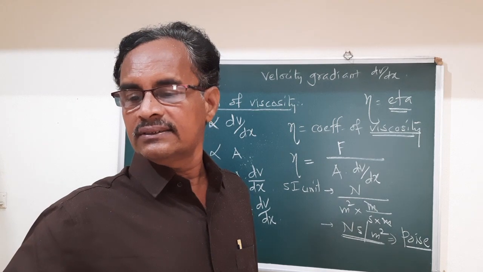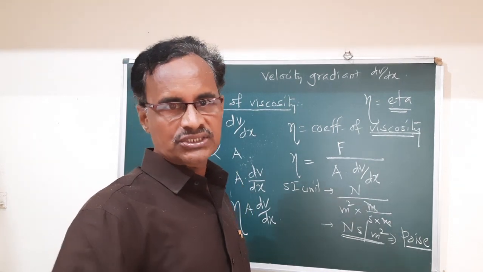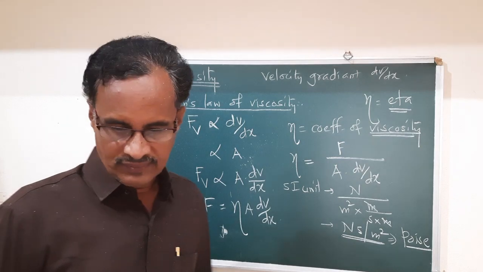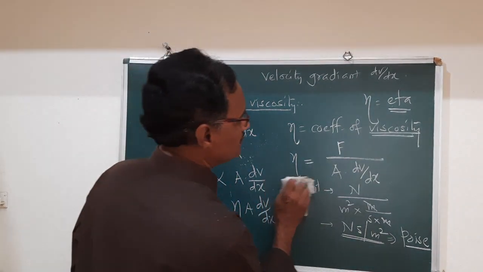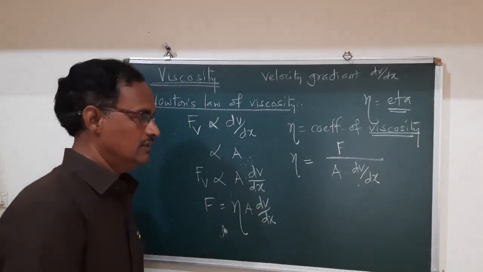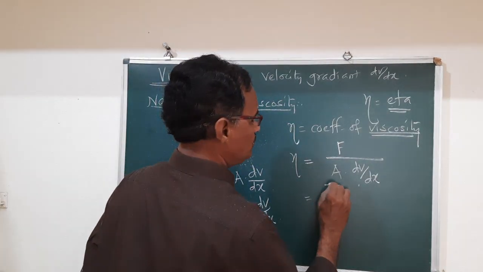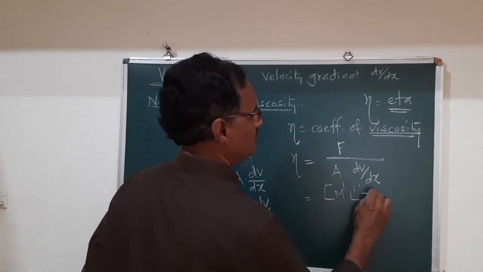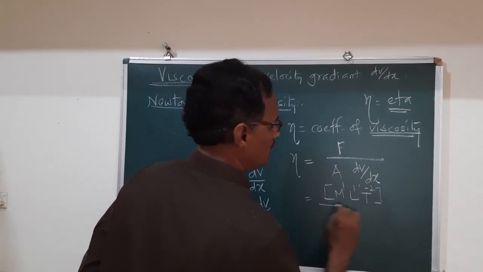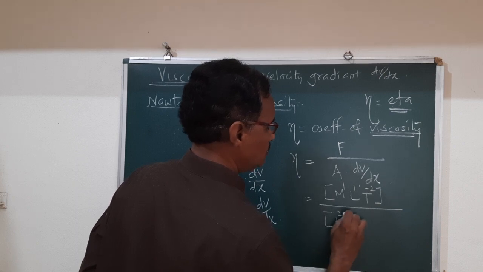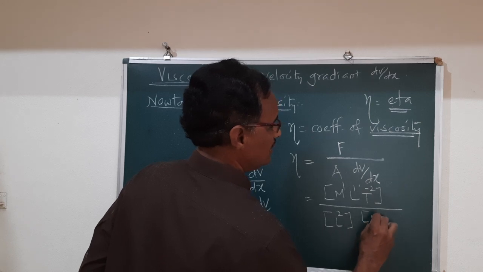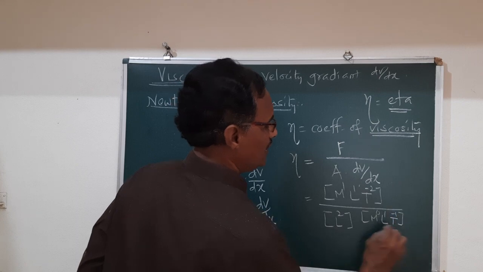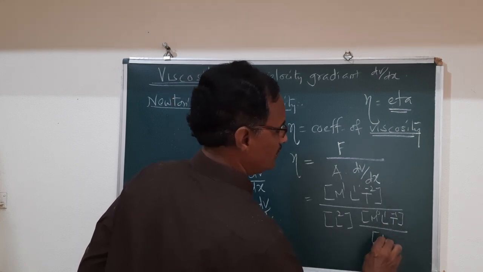Now the viscosity depends on the nature of the liquid. Again, you can determine the dimensions of this viscosity. The dimensions of force are M1 L1 T raised to minus 2, upon the dimensions of area, L2, and the dimensions of velocity gradient, M0 L1 T raised to minus 1 upon L1.